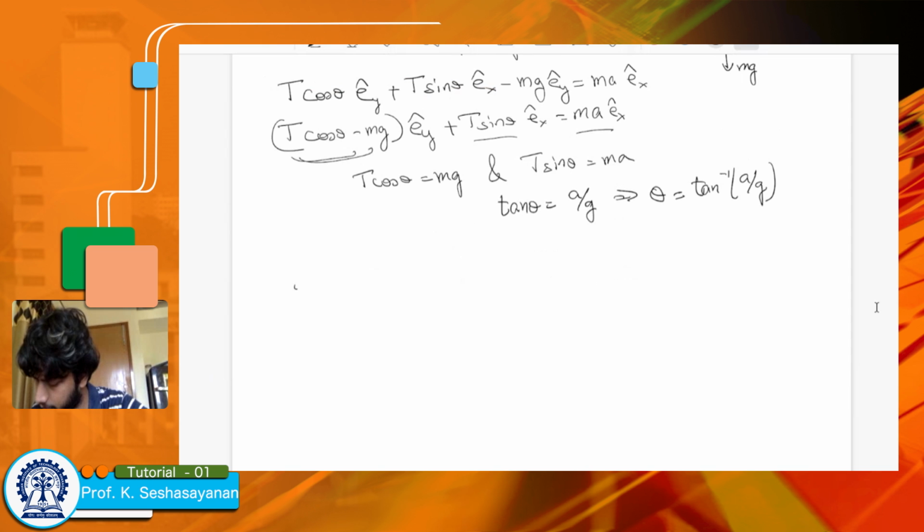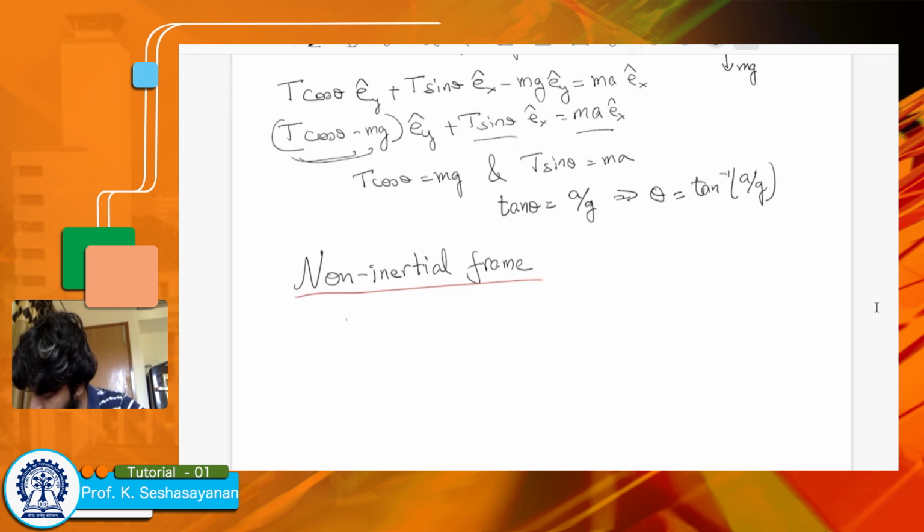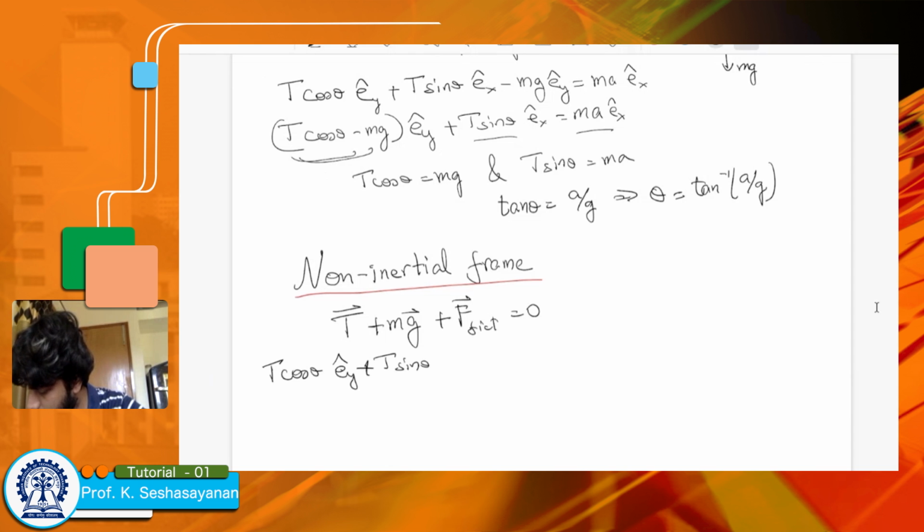Let's go to the non-inertial frame just to see what the non-inertial observer finds. So in the non-inertial frame, you have T plus mg plus F fictitious equal to 0. So T again we write as T cos theta ey hat plus T sin theta ex hat, minus mg ey hat.